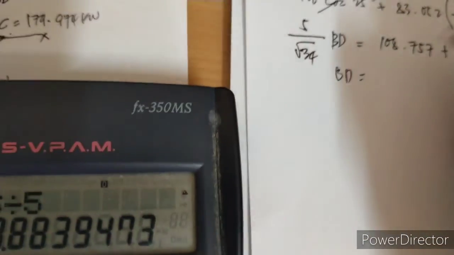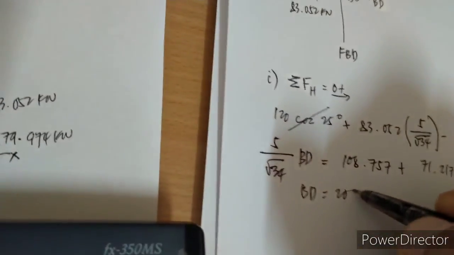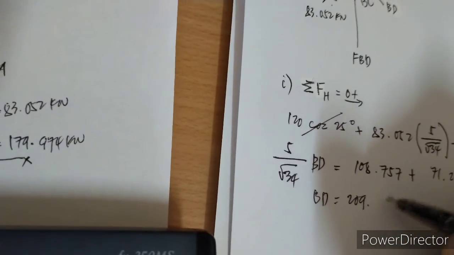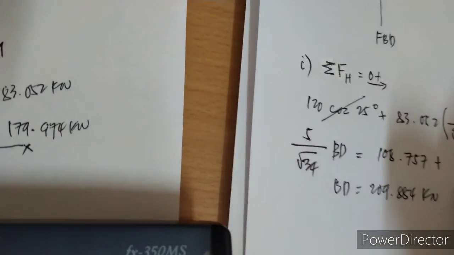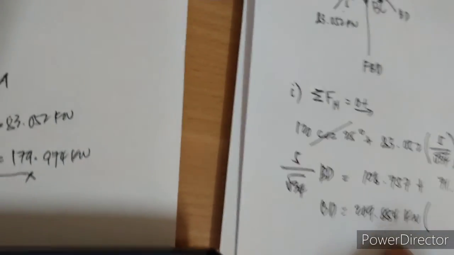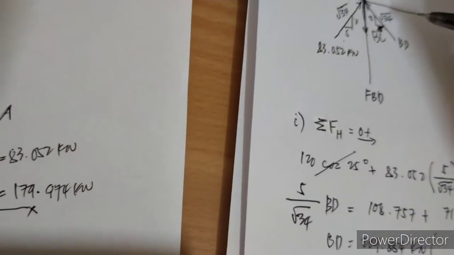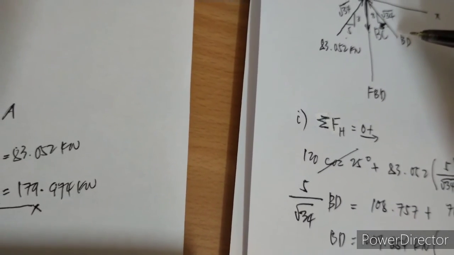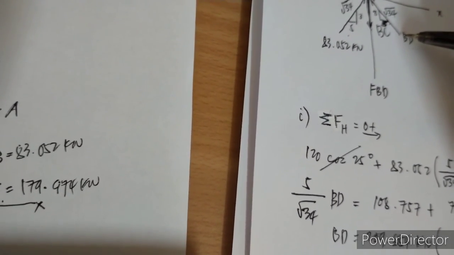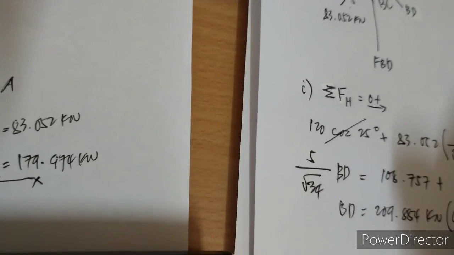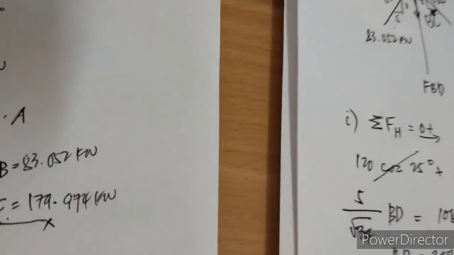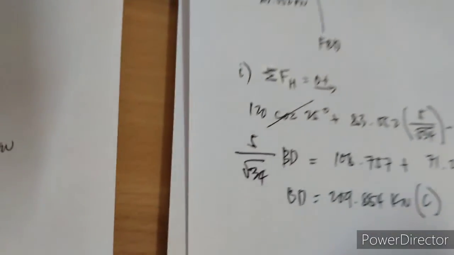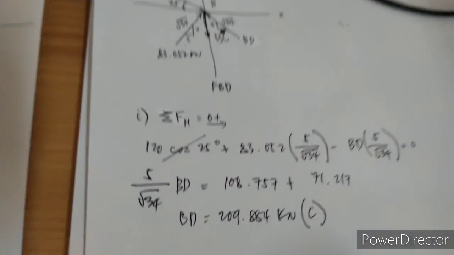That's BD is 209.884 kilonewtons, and it gave us a positive answer. So our assumption for BD is compression, so it's approaching the joint, so it's compression, I mean, sorry.